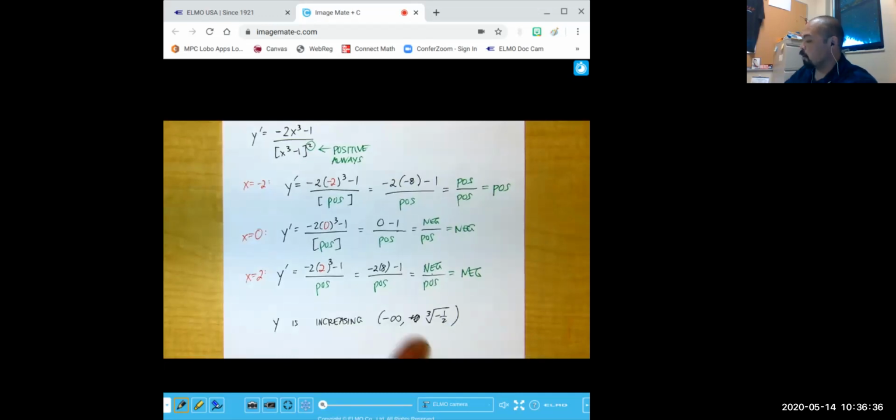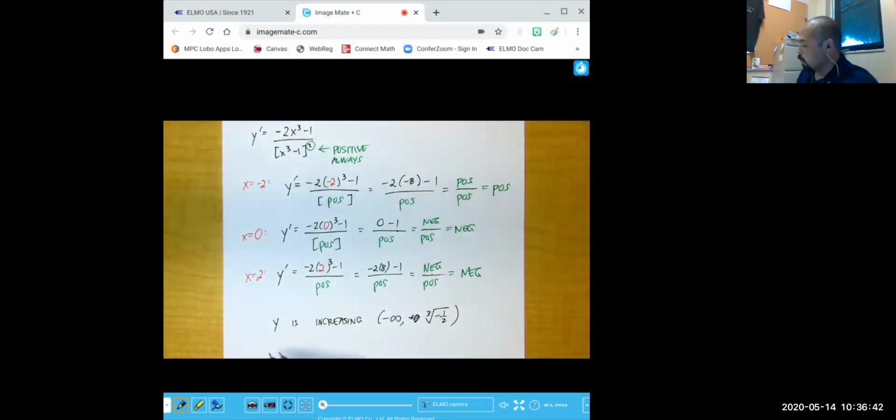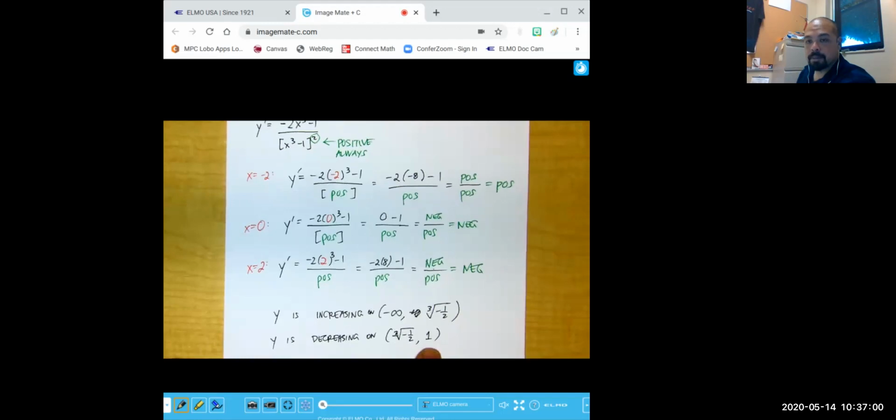We go up to our critical number, not that test value I plugged in. And then y is decreasing on these intervals from that critical number up to 1, where the vertical asymptote was, our other semi-critical number, and then also from 1 to infinity.